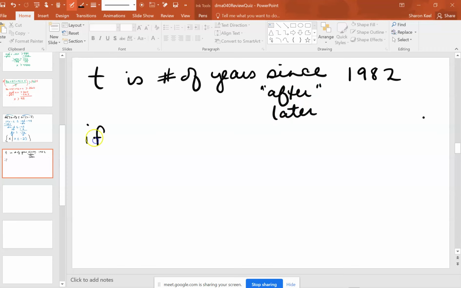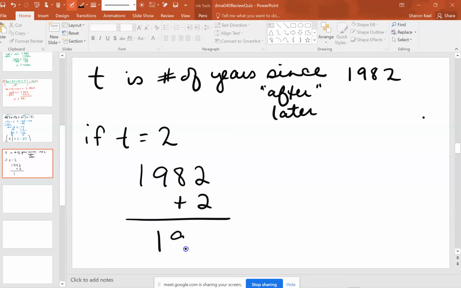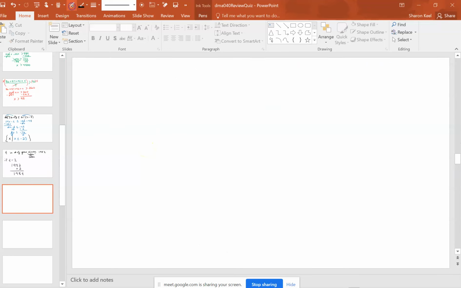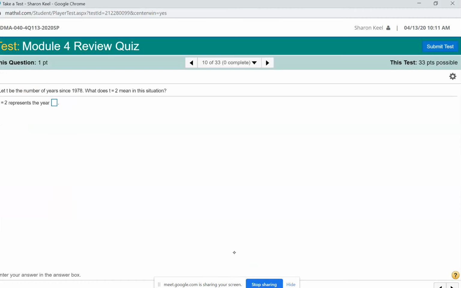So if T is equal to 2, that means we're going to take 1982, add 2 to it, and that's going to give us 1984. So with a problem like this, the number of years since, it's just a simple addition. You're just going to add the value they give you for T for that particular problem. And I gave a different year than they had, but that's okay.